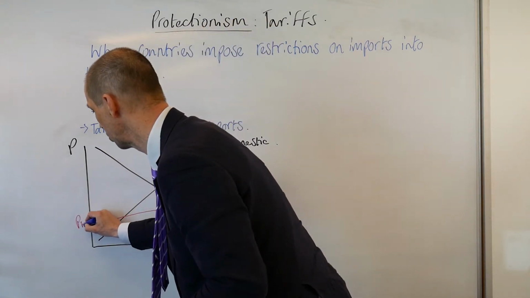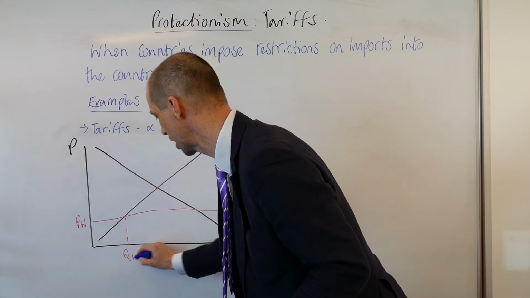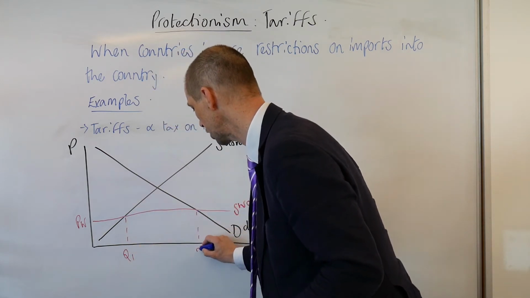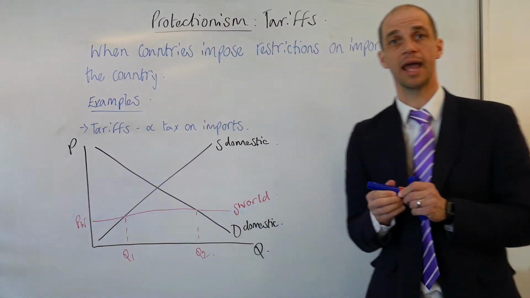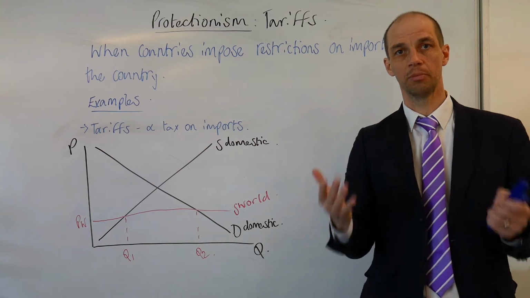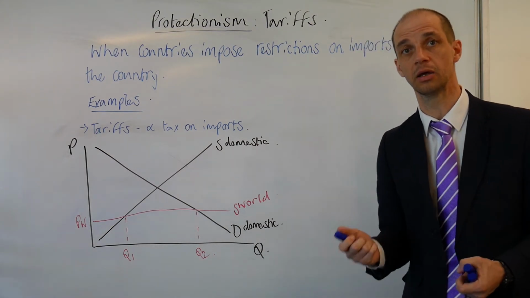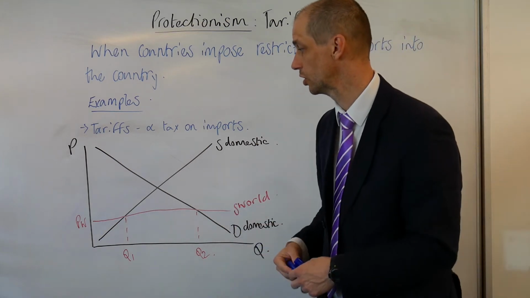So we've got the world price here. We've got Q1 here, we've got Q2 out here. Now, with free trade, with no protectionism imposed, we can see that actually there will be a big increase in consumer surplus, okay?